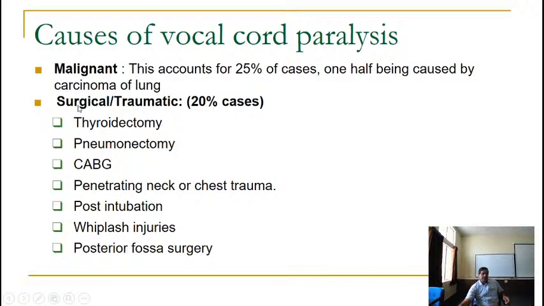Then if you go into the surgical, that is the traumatic, this is mostly iatrogenic, produced by the surgeons: thyroidectomy, pneumonectomy, and cardiac bypass surgeries. And sometimes the trauma can be penetrating neck injuries, injuries during intubation, and whiplash injuries, which are very common in road traffic accidents, and the posterior fossa surgeries, various surgeries where the cranial nerve passes.